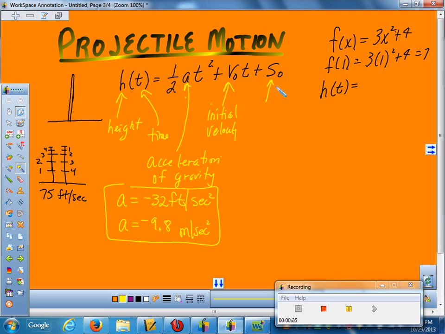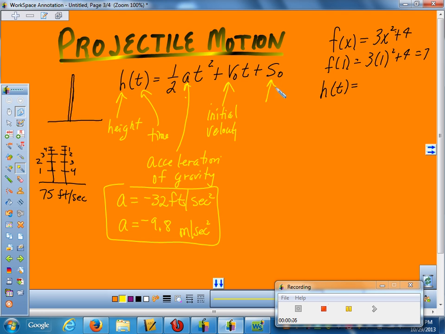I don't know who picked it in math, but somebody picked it somewhere down the line. That's what's going to be position. I never have figured out any rhyme or reason for this, but s is position in math, okay? Math and science, we like s for position. But in this case, by position, I mean how far off the ground are you when you fire it?